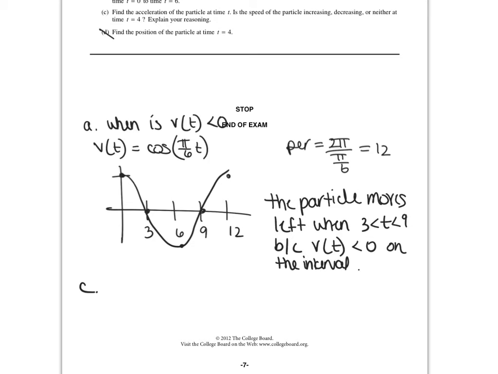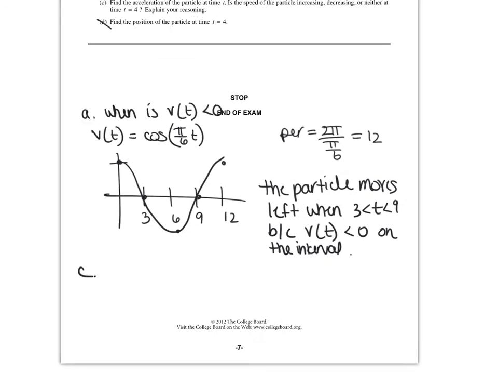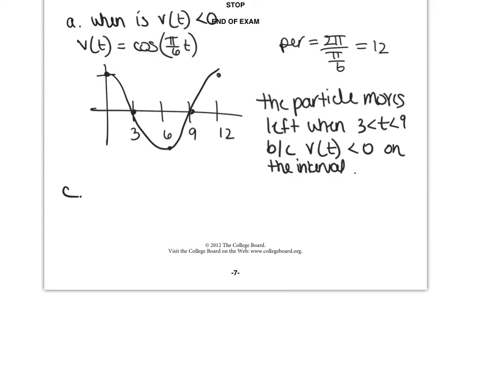And then C, find the acceleration of the particle at time t. Is the speed of the particle increasing, decreasing, or neither at time equals 4? Explain your reasoning. So first thing we want to do is use our velocity function, which is v of t equals cosine of pi over 6 t.